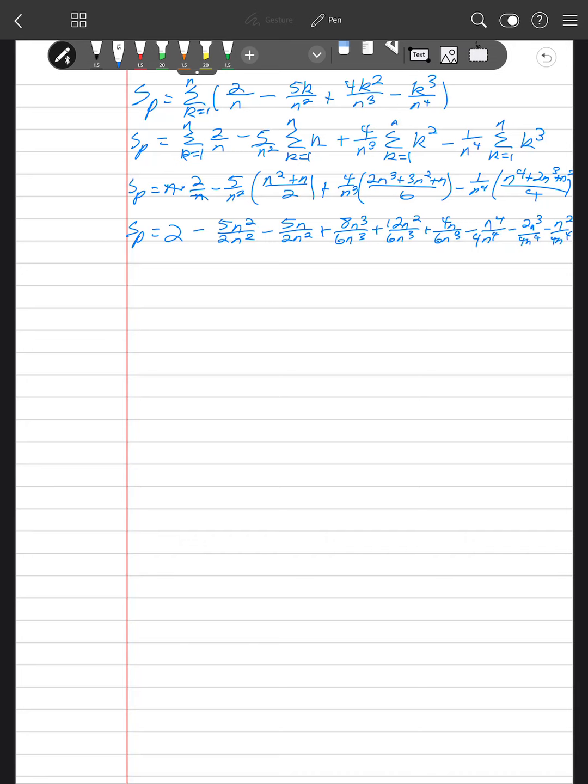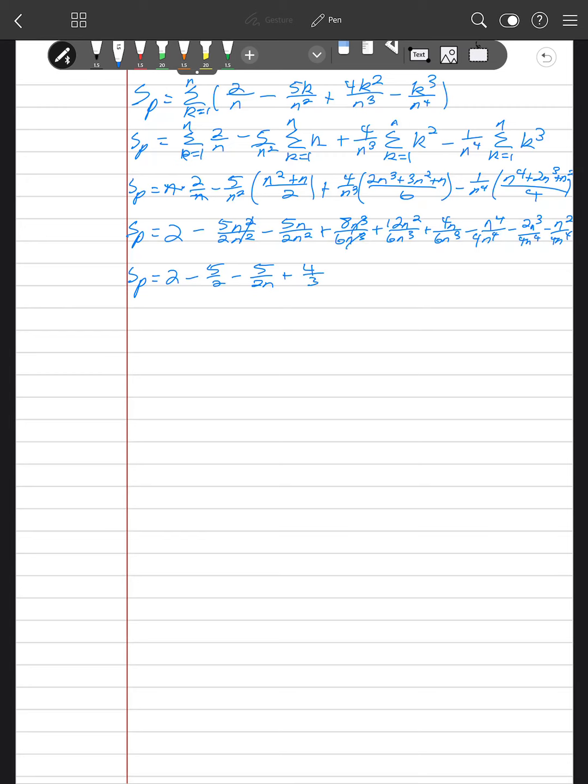And so I know this is complicated, but we're just doing a lot of multiplication. So if you need to pause at any point and try this multiplication on your own, feel free to do that or look at the steps individually. And so now simplify each one of these. So here the n squareds cancel, so that's 5 halves minus 5 over 2n plus 4 thirds, right?